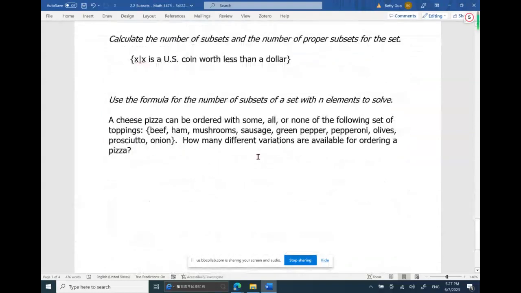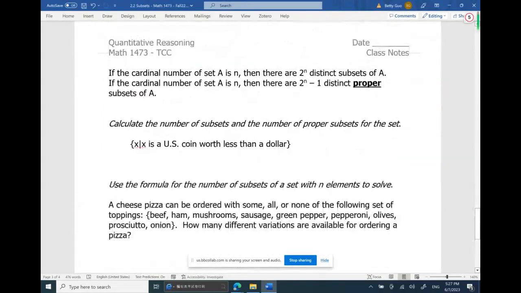All right, let's look at examples. Calculate the number of subsets and the number of proper subsets for the set. The set is given in set builder notation. The set includes all the US coins worth less than $1. So what I know is it could be a penny, right?